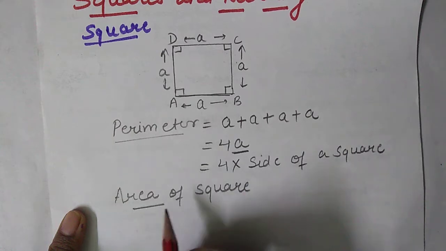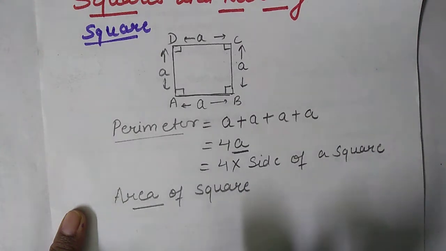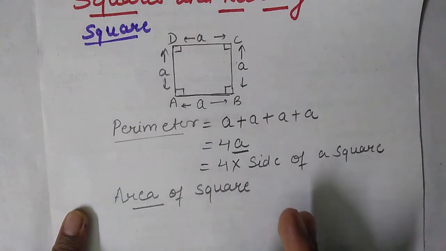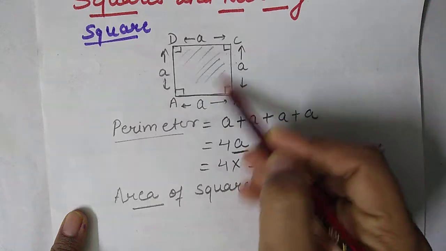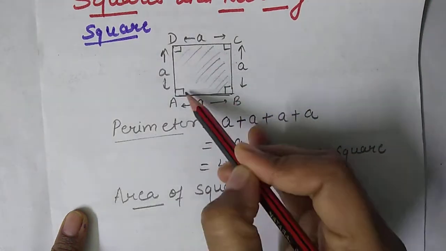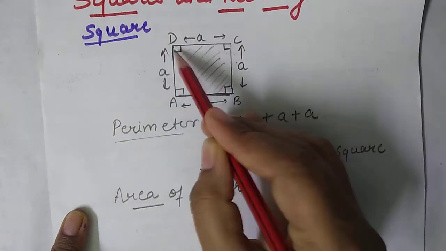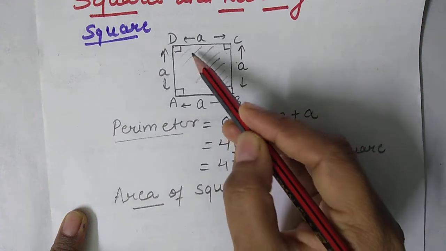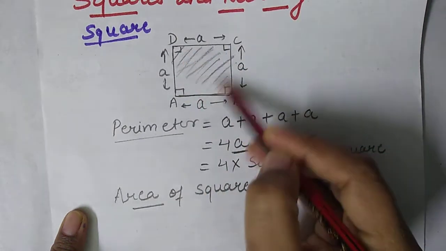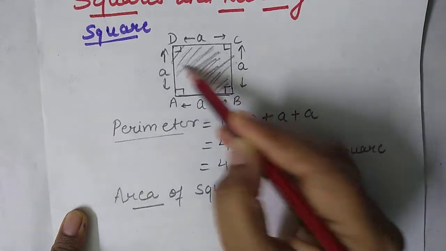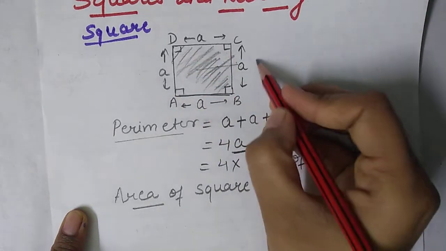So area, what does area mean? Area of a closed figure is the measure of the region enclosed by its boundary. It means it is the region that is enclosed by the boundary. These are the boundary of square, and the region that is enclosed by its boundary is known as area.